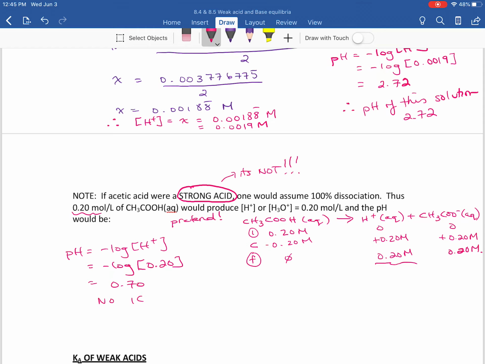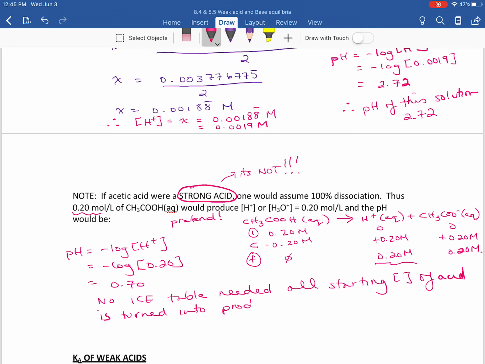Okay, so no ICE table needed. All of the starting concentration of acid is turned into product.